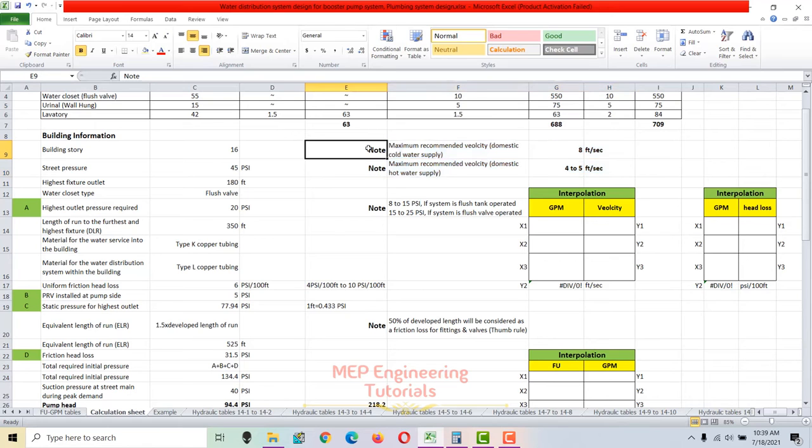If you design your system on higher velocities, which is not recommended, you will have problems of noise, water hammer, and cavitation. That's why you need to follow this velocity recommendation, because we don't want to create any noise issues, cavitation, and water hammer.